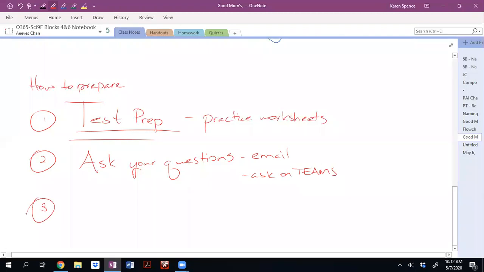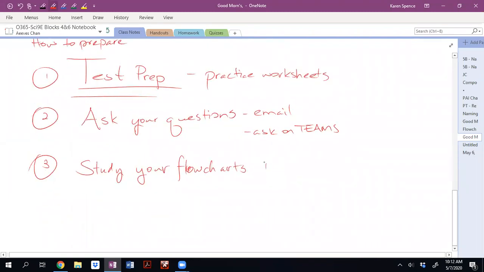Third way you can prepare for it, study your flowcharts. Both flowcharts, there's one for naming and there's one for formulas, and both of them are in our Teams files.